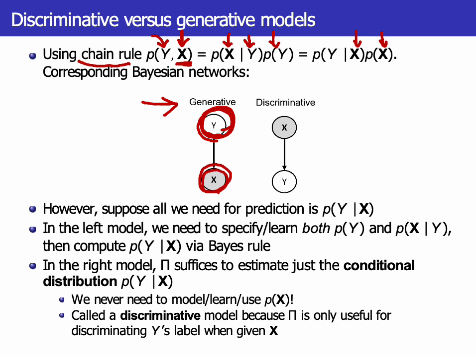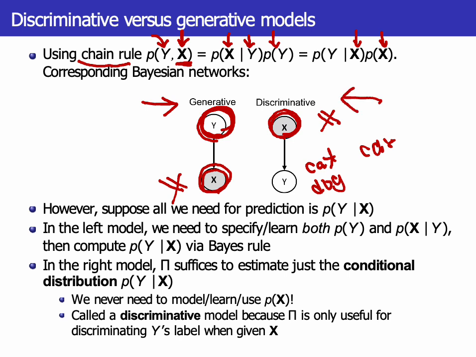So given images, the x vector, you get the classification of the images: cat, dog, car, or something like that. This is a discriminative model. So suppose all we need for prediction is p(y | x), where x is an image vector.